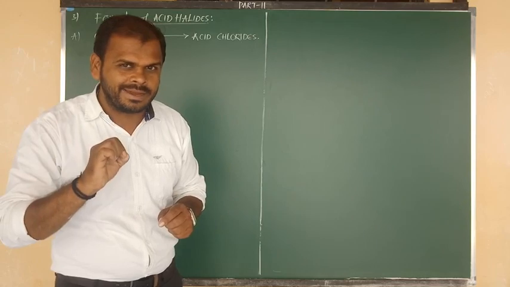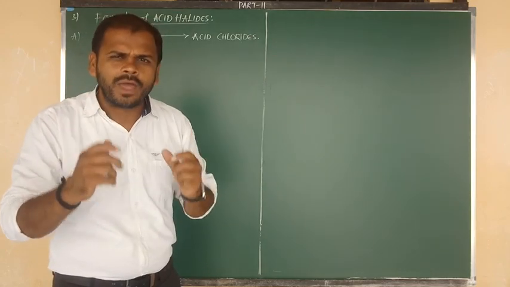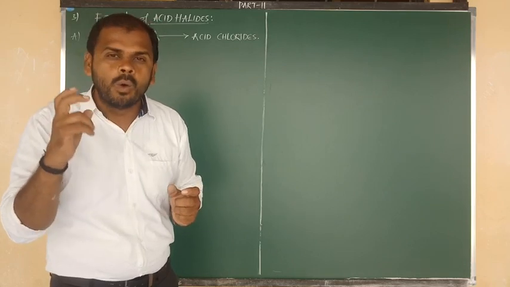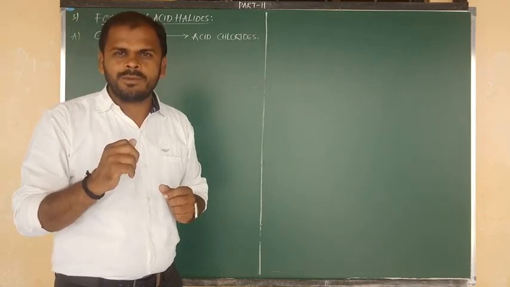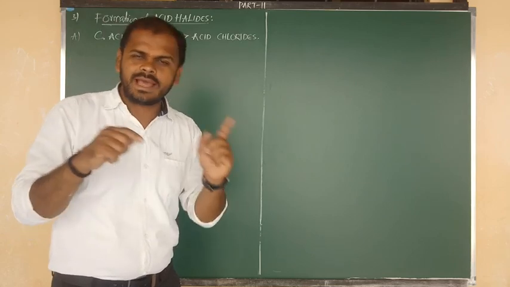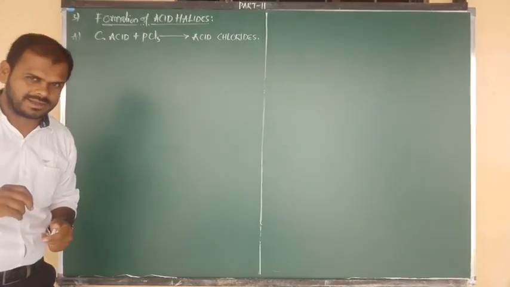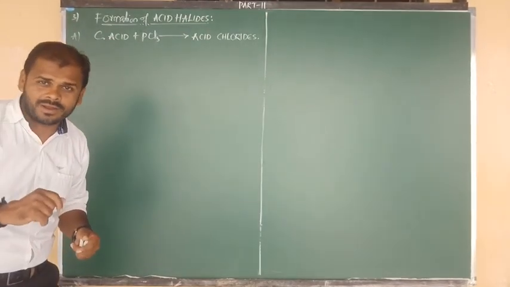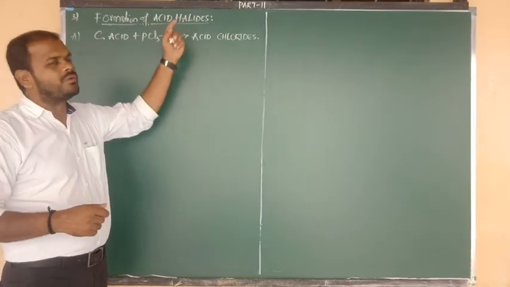And reagent number three is thionyl chloride. What is the formula of thionyl chloride? SOCl2. By using any one of these three reagents, carboxylic acids can be converted into acid halides.